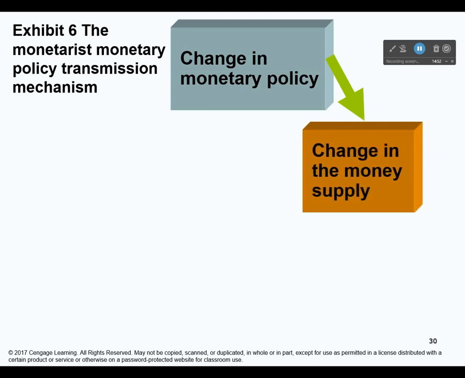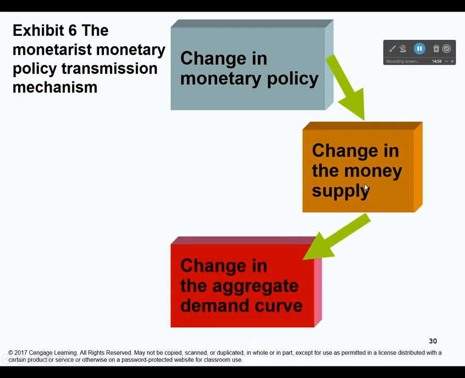A change in monetary policy causes a change in the money supply. A change in the money supply directly causes a change in the aggregate demand curve. The Keynesians had another arrow here that went to investment spending. So once again, a change in monetary policy causes a change in the money supply. There's a roundabout method for the Keynesians, right?